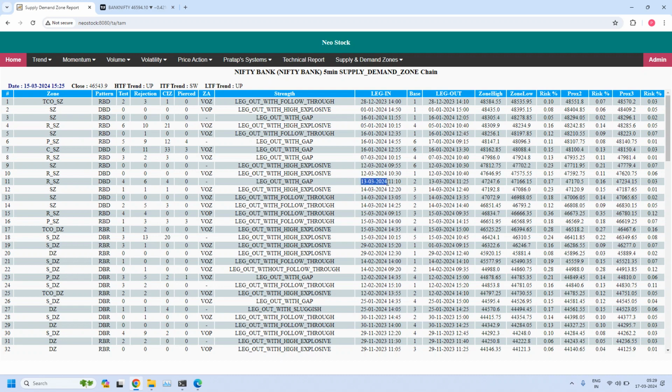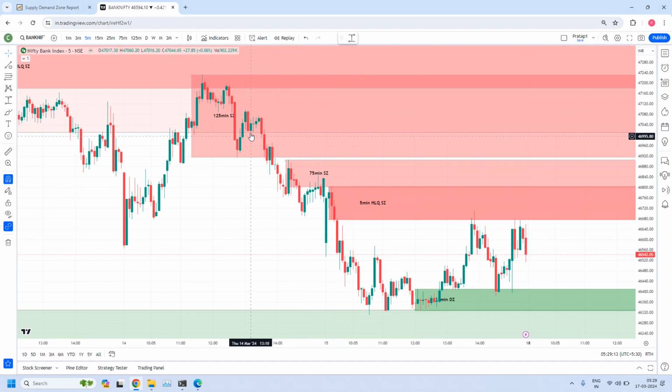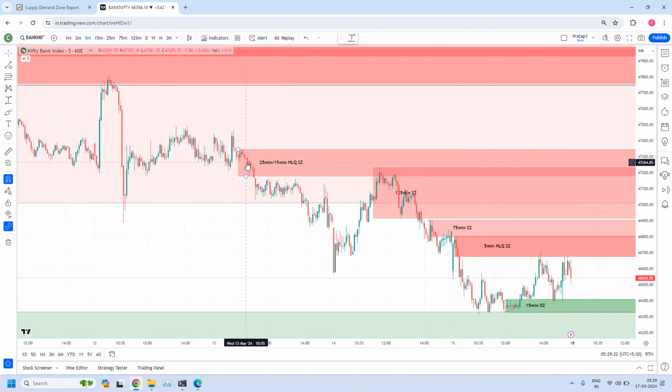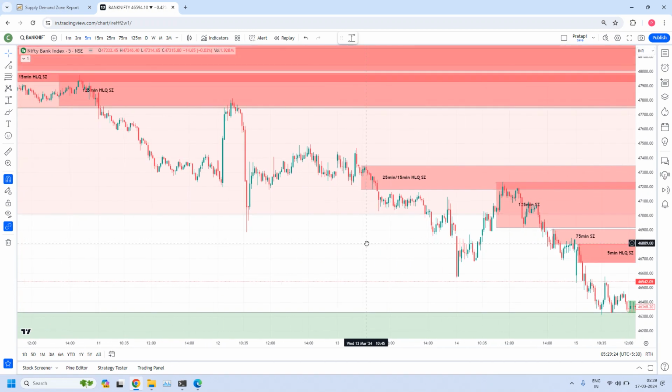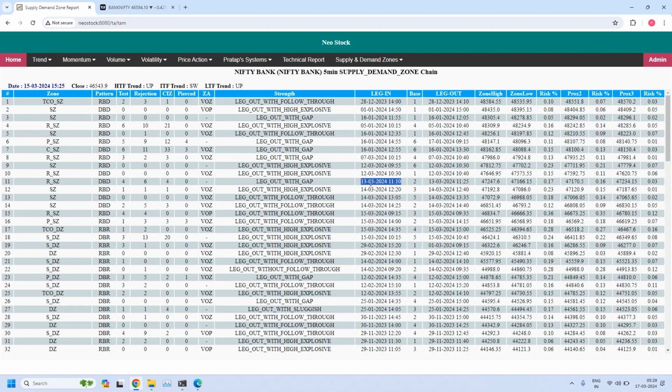So it was created on 13th March, 11:30. After that 2 base candles. 13th March, 11:30. Okay, what is it doing? 13th March, 11:10.